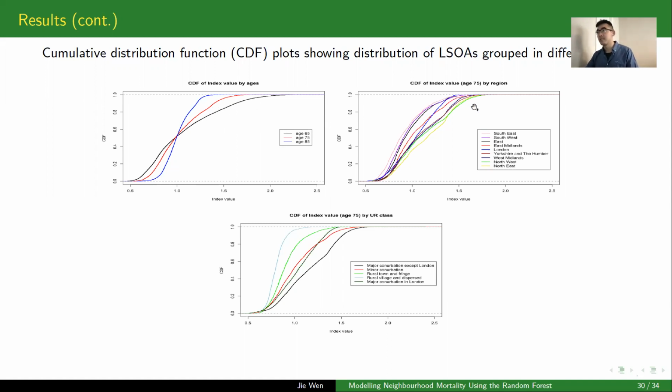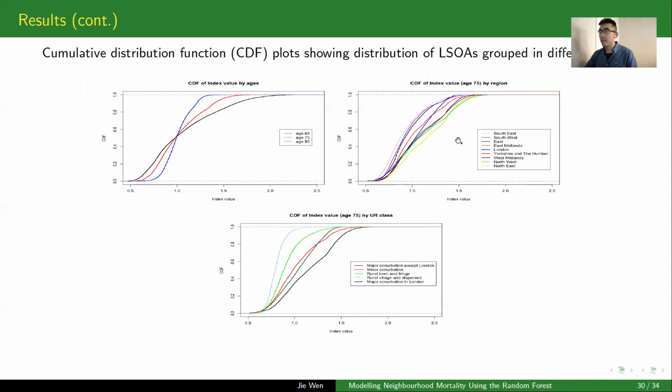The second plot is the index value at age 75 again, but plotted by different regions of England. There are nine regions in total, and we can see a clear separation over different regions. According to this plot, southeast and southwest are the two distributed on the top, and northwest and northeast are the two regions at the bottom.